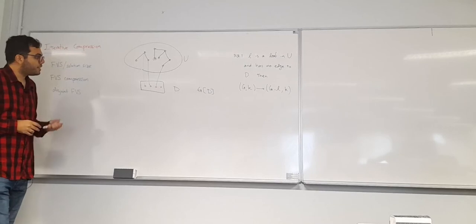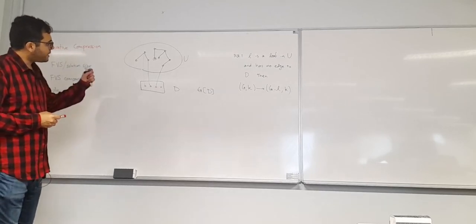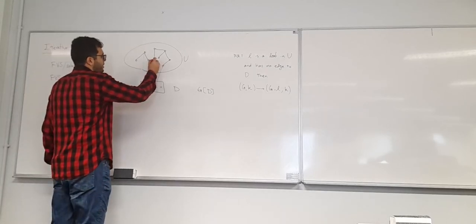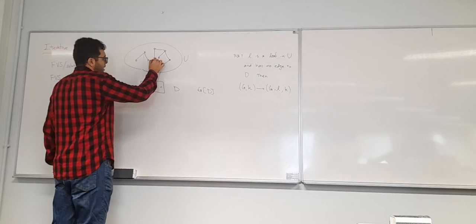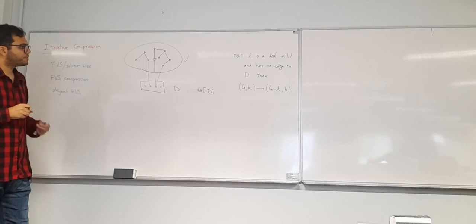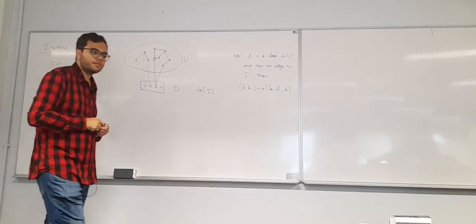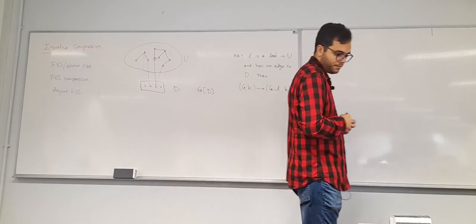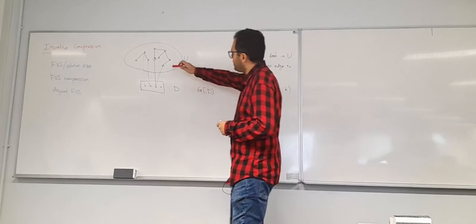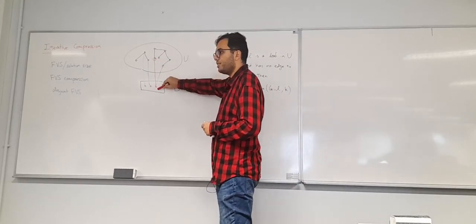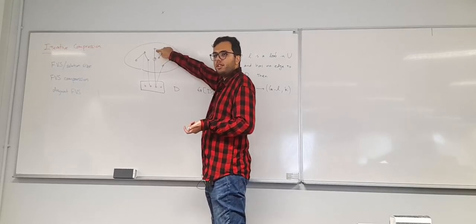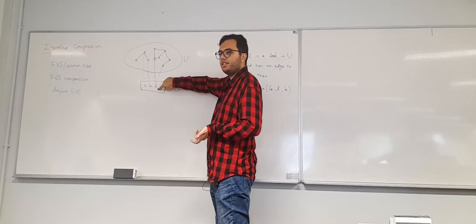Okay, what if it has exactly one edge to D? What if I take, for example, this leaf and I see that it has just one edge to D? What can I say about this case? Now, if the leaf has exactly one edge here, it means that it has exactly one neighbor in U because it was a leaf, and it has exactly one neighbor in D, right?